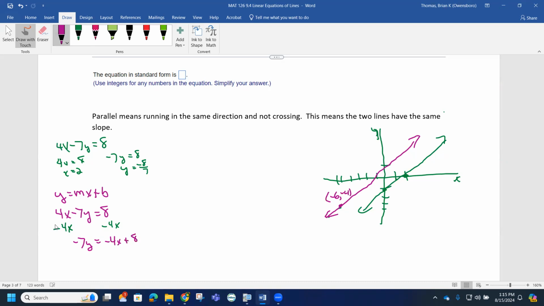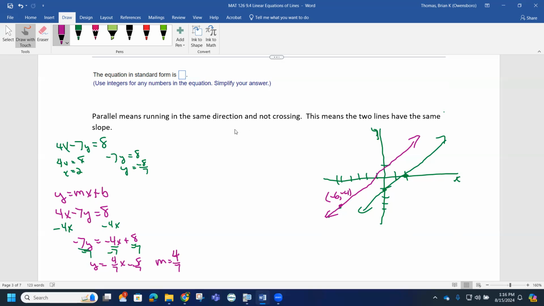You can skip showing the work there if you want. Dividing by -7 means you divide each term by -7. So I end up with y equals 4/7 x minus 8/7. The only thing we need off of this is the slope. So the slope of this line is 4/7.